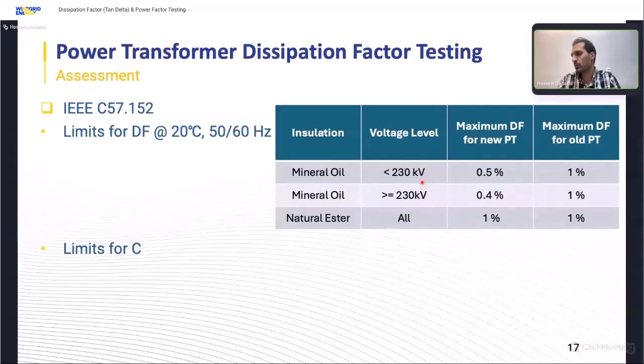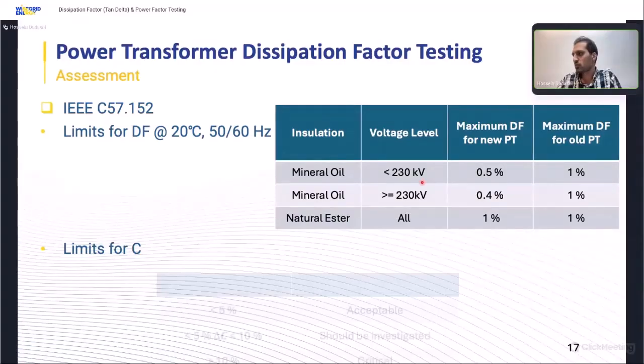For higher voltage, it's in the range of 0.4. But for natural ester and also for old power transformers, the dissipation factor can be up to 1%. But it's not a hard restriction. I mean, I've seen a lot of transformers in the market working with dissipation factor in the range of 1 to 1.2 or 1.3%.